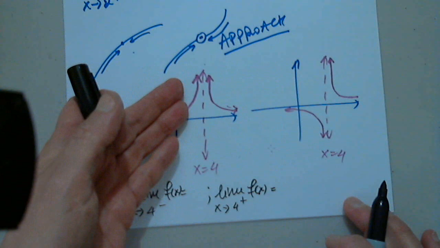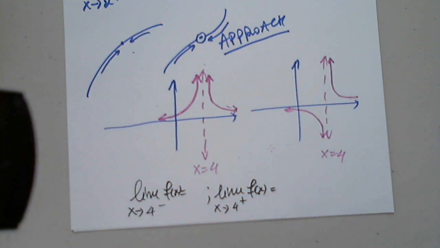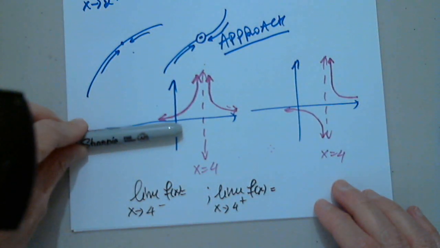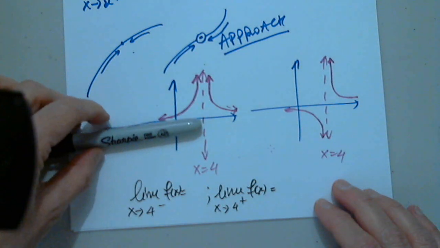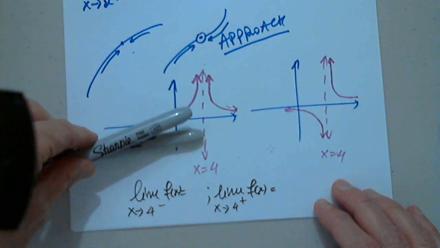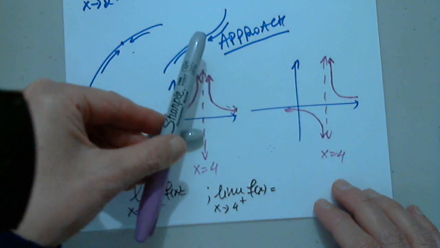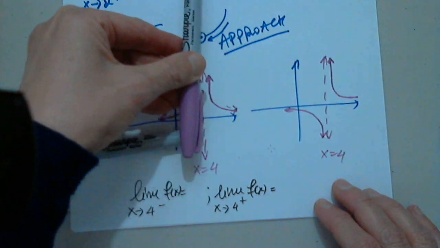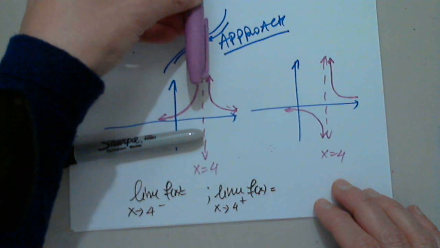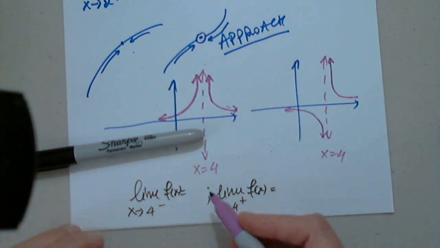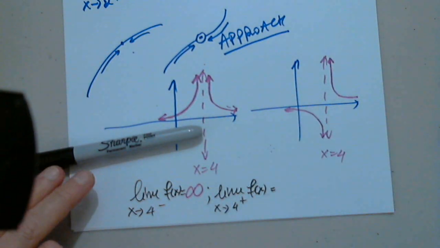What is the limit from the left? As x approaches 4 from the left, the function values get closer and closer to infinity. Awesome. What about on the other side?